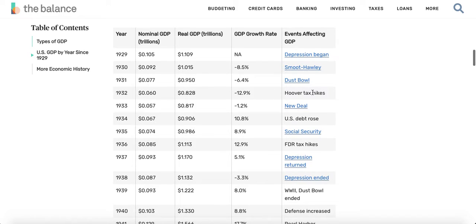Tax hikes, sure, that happened, but it depends on where that revenue goes. If it goes to infrastructure, something productive, then that helps ease the situation a bit. But during the Great Depression, there's a lot of consumer suffering.